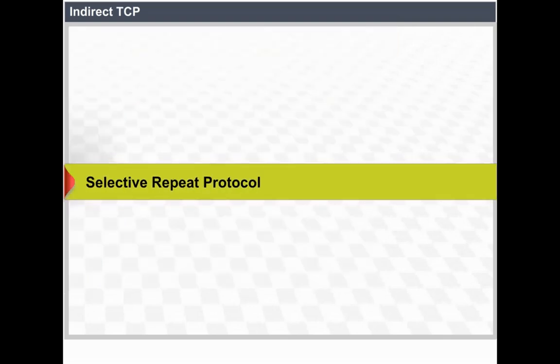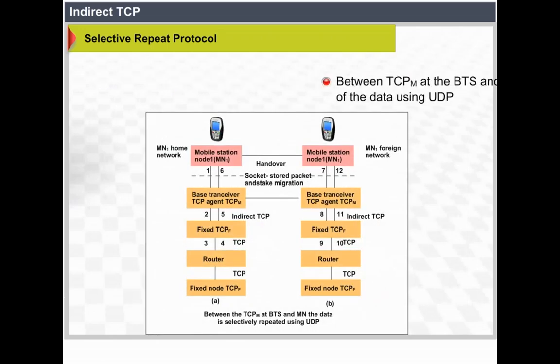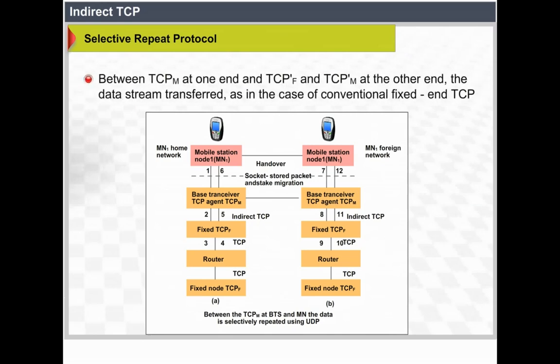Selective repeat protocol, a modification of the indirect TCP. Between TCP-M at the BTS and the MN, selective repetition of the data uses UDP. Between TCP-M at one end and TCP-F and TCP-M at the other end, the data stream is transferred as in the case of conventional fixed-end TCP.